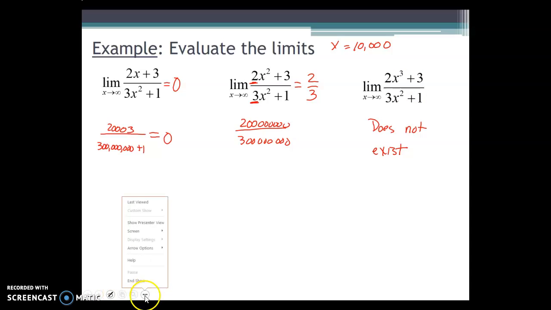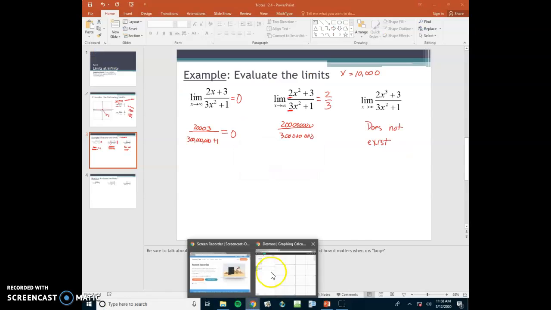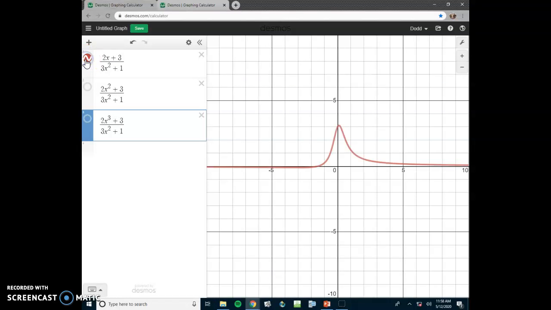So what does that mean? Well, let's look at the graph. The first one we said was 0, and you're going to see it has a horizontal asymptote at 0. It's approaching 0 pretty quickly, the farther and farther to the right you go. The second one we decided was 2/3.